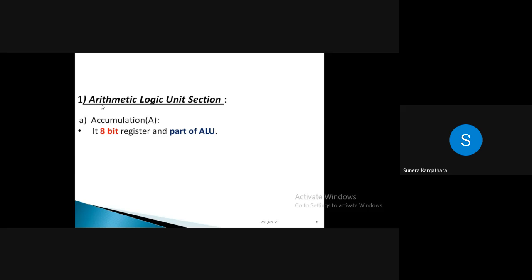It is an 8-bit register and part of ALU. It is symbolized through A. I have seen many times students writing ACC for the accumulator, but the symbol that is identified for the accumulator is A, right?